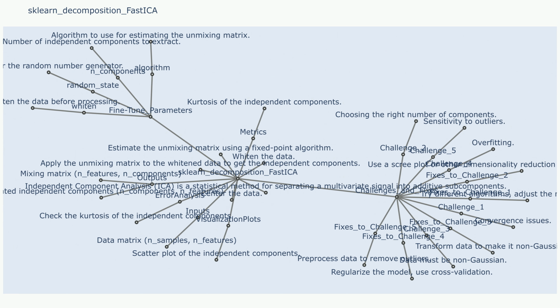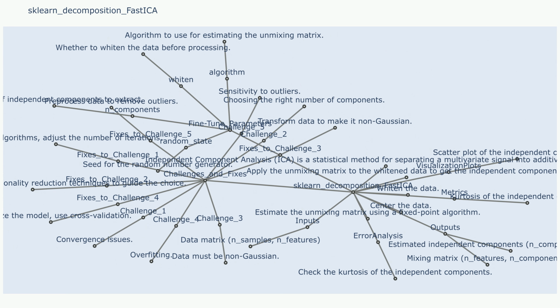Visualization plots. Scatterplots: scatterplots of the independent components can help visualize the relationships between them and identify potential outliers or patterns. Histograms: histograms of the independent components can provide insights into their distribution and non-Gaussianity.